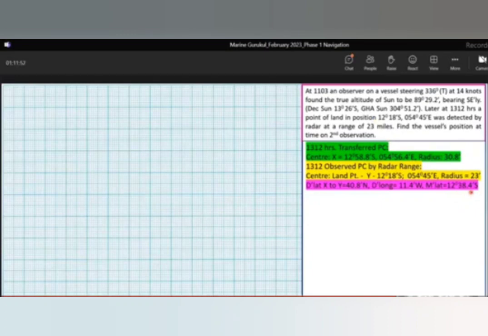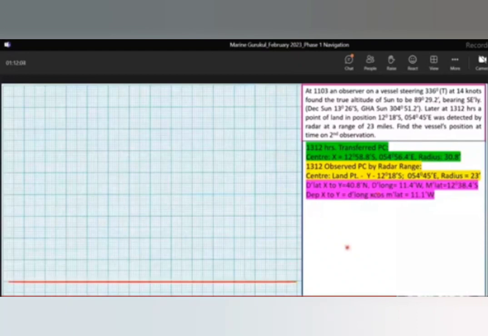Using this M lat, this D long can be converted into departure from X to Y, and the departure comes to 11.1 minutes west. Now with this information, we can get going with the plotting.